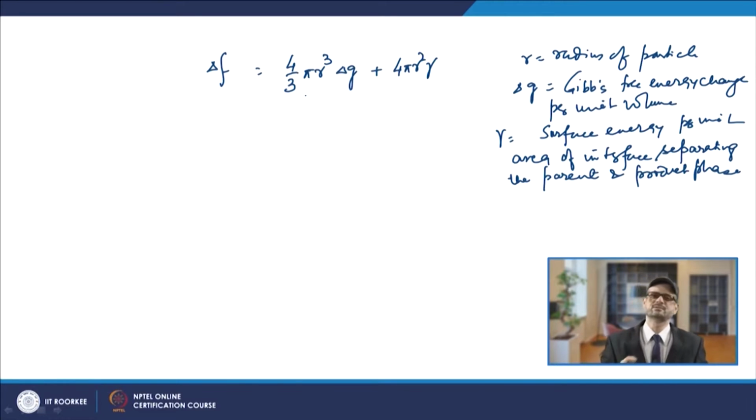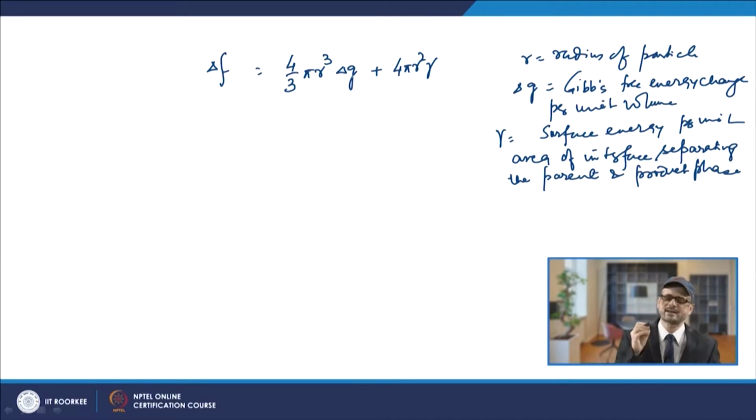Initially, when r is very small, the positive term has a very large value, and as the radius of the nuclei increases, the volume term starts dominating, and your resultant delta F curve will go on decreasing. There is a point after which it starts decreasing, and that is the point from where the transformation is supposed to start.